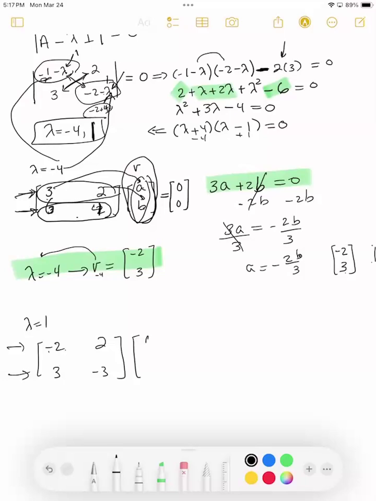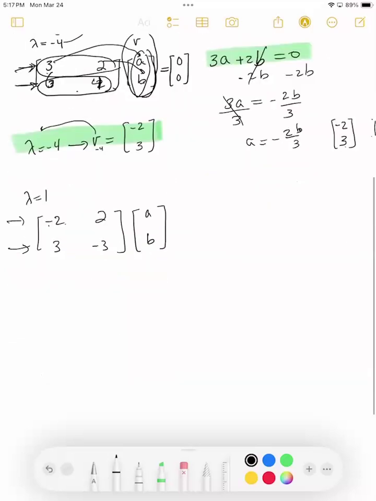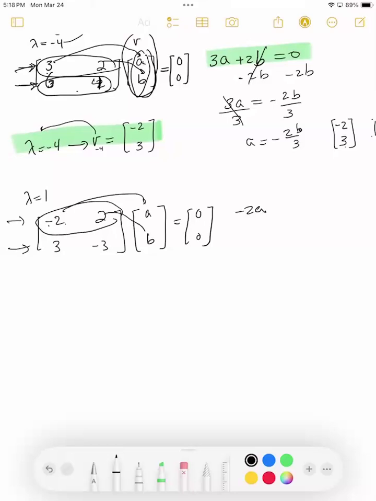So let's say I'm looking for another vector AB, so that makes this equal to 0. So I multiply -2 by A and 2 by B. I set it equal to 0. I multiply 3 by A minus 3 by B, I get 0.